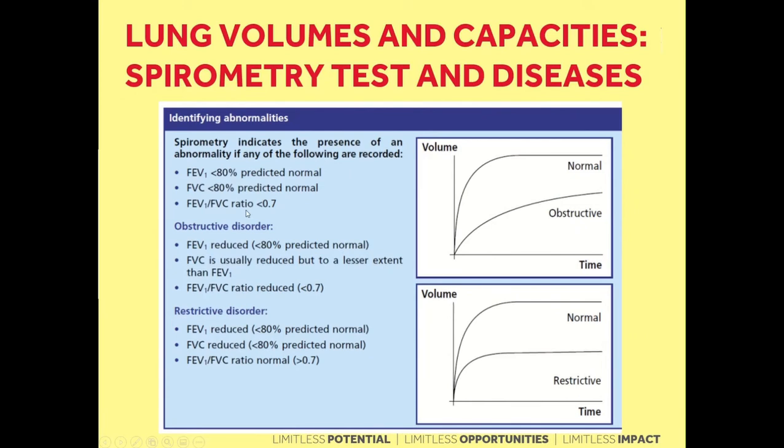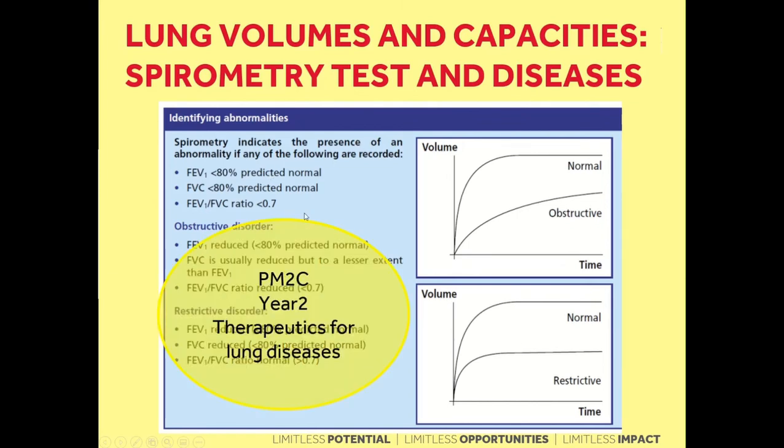But the take-home message is also that spirometry is used to diagnose the presence of diseases and abnormality, and particularly to detect obstructive and restrictive disorders. The values of FEV1 and FVC will change in a different pattern.